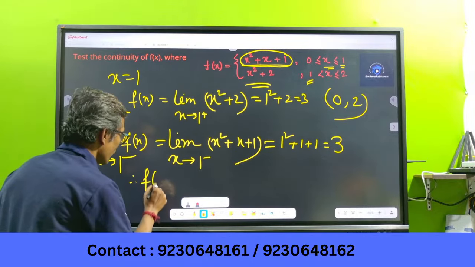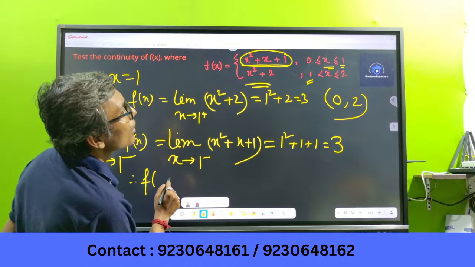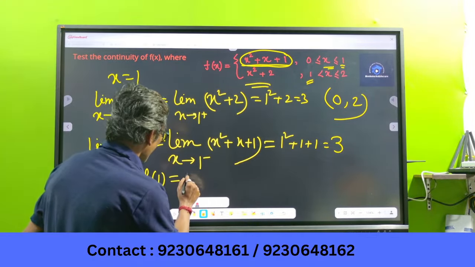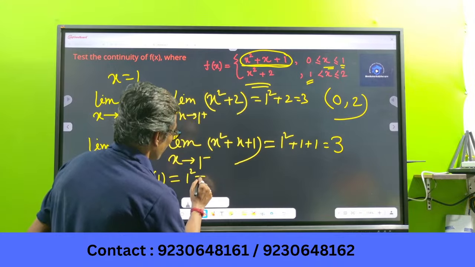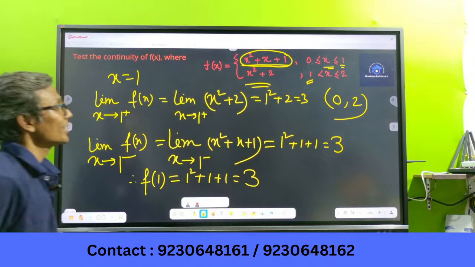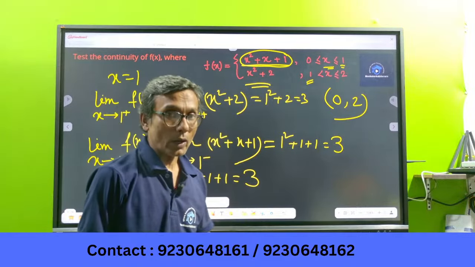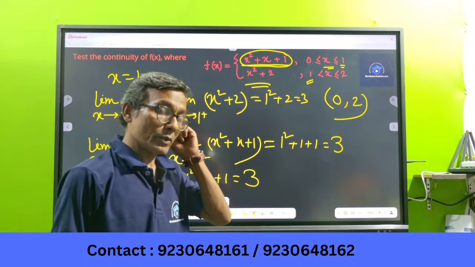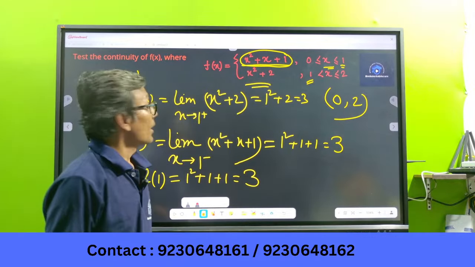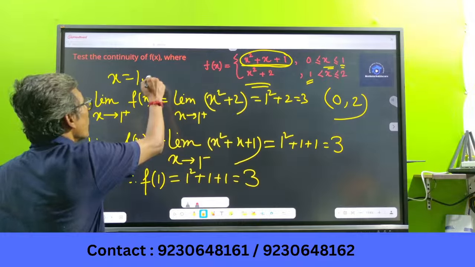So f of 1 is equal to 1 square plus 1 plus 1 is equal to 3. So these three values are equal. So that is why we can say that the function is continuous at the point x is equal to 1.